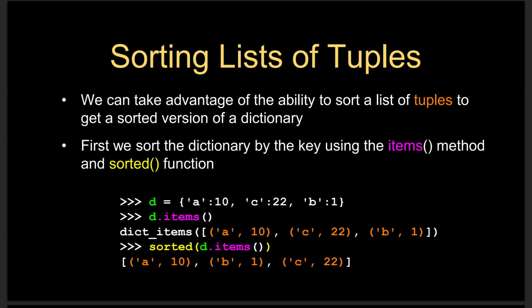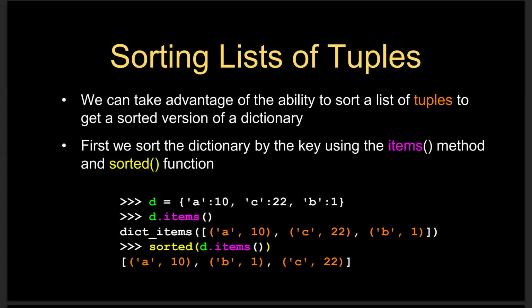Whenever you print this d.items, it prints the dictionary items as a list of tuples: c, a 10, c 22, b and 1. These are the key value pairs in the dictionary, converted into tuples in list format.